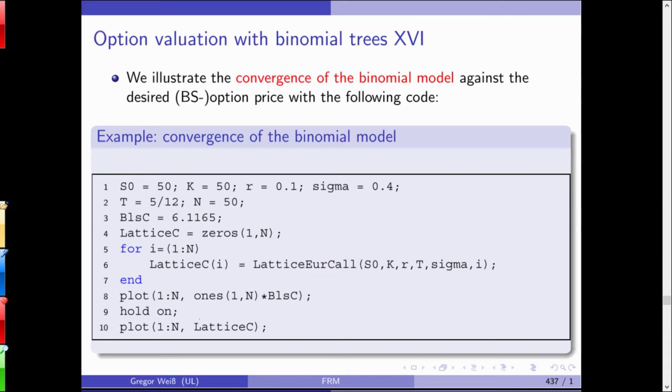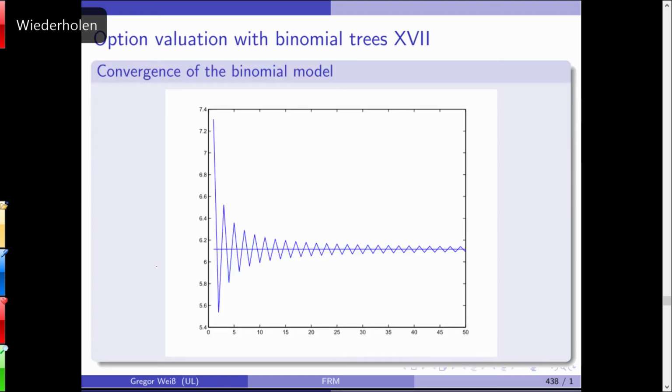We can do this even graphically. This is just a tiny program where what I'm doing is I'm taking the number of steps and I'm plotting the price of the binomial model in comparison to the Black-Scholes model. And you can see the result on the next slide. This here, this is the Black-Scholes model, this line.